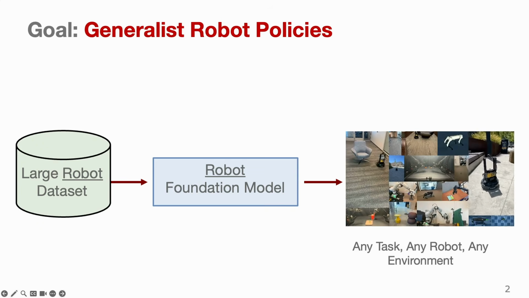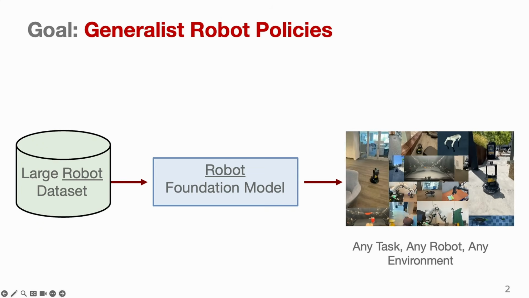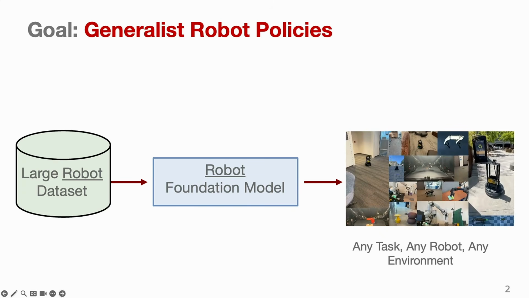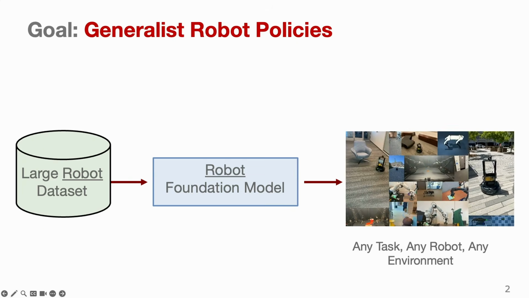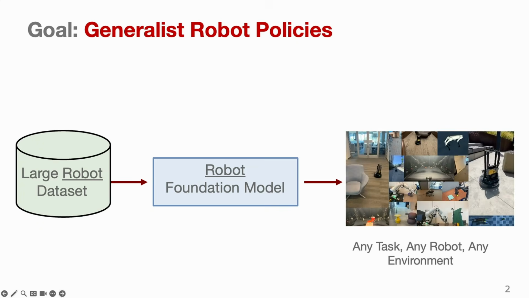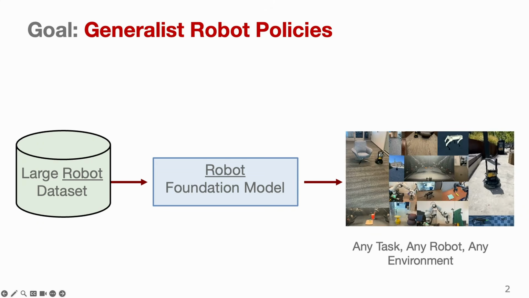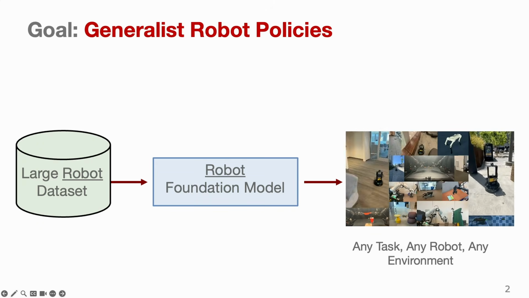And so what's the goal? The North Star of the robot learning community is really to build generalist robot policies that can control many robots with a single model in many environments and perform many tasks while working with and alongside humans, right? This is our quest towards the Holy Grail in robot learning.